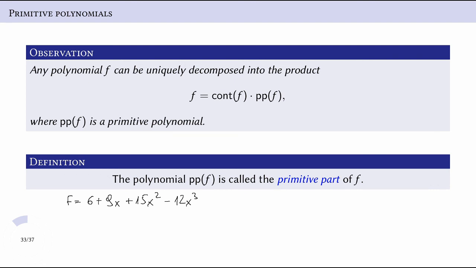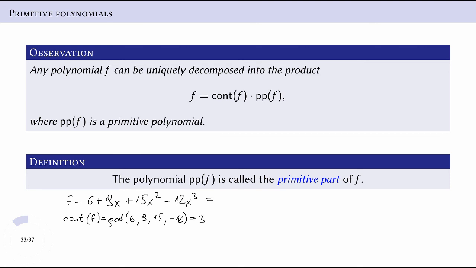The content of f is just the greatest common divisor of its coefficients, so 6, 9, 15, minus 12, and it's clear that it's 3.